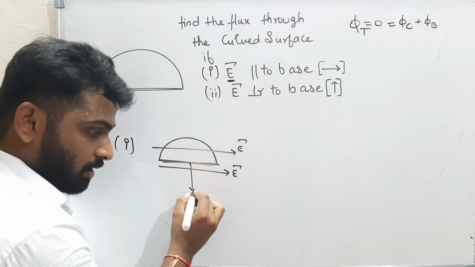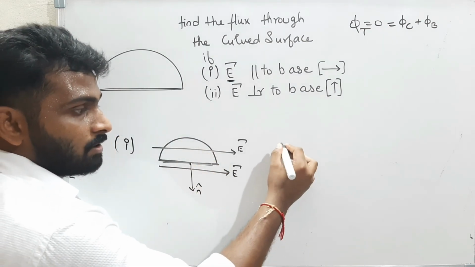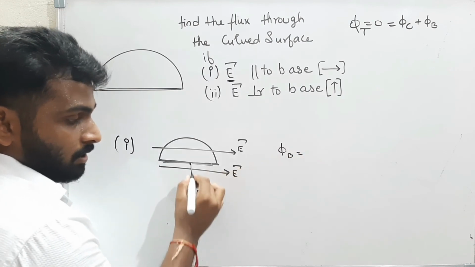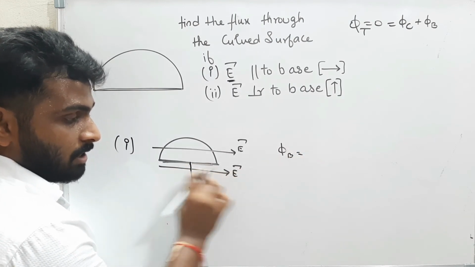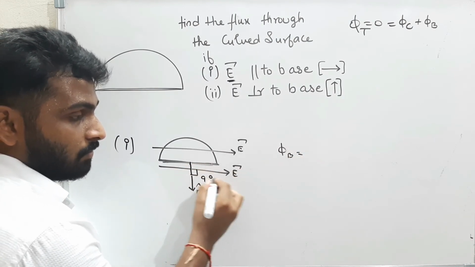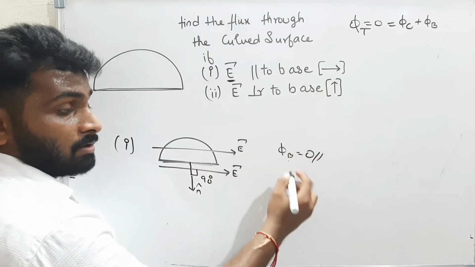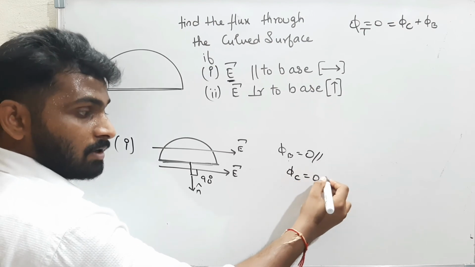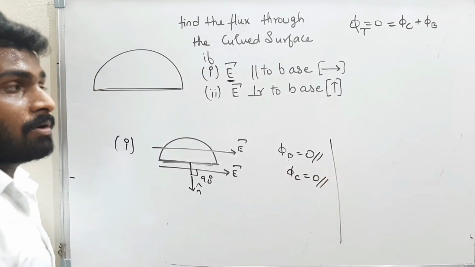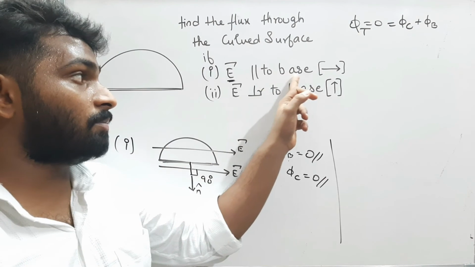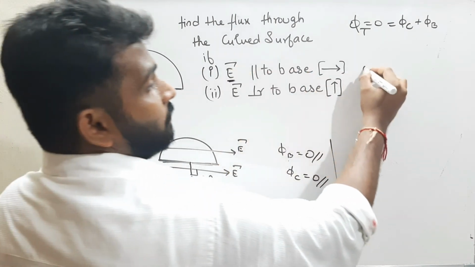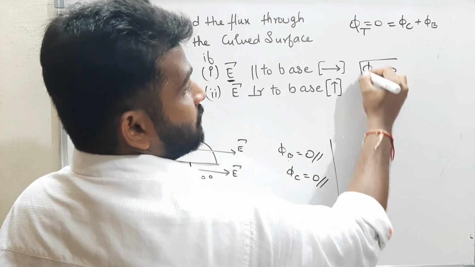This is the area vector n cap. Therefore, what is the flux through the base? This n cap and this electric field are at 90 degrees. Therefore, the flux through the base is 0. If the flux through the base is 0, then the flux through the curved surface must be 0. Therefore, if the electric field is parallel to the base, then the flux through the curved surface is 0.